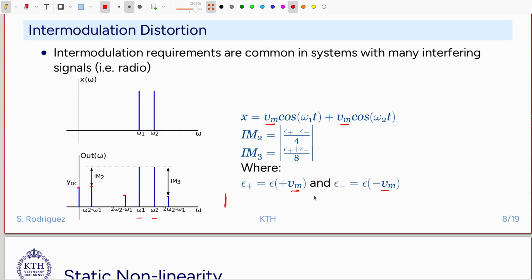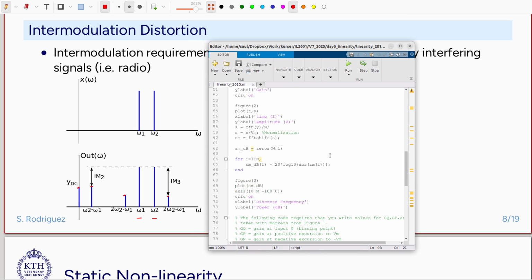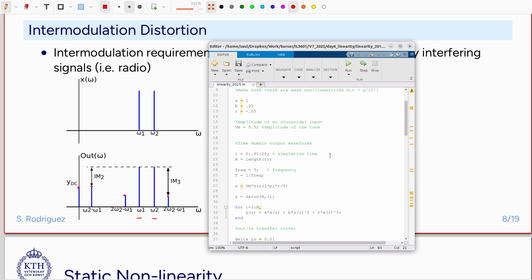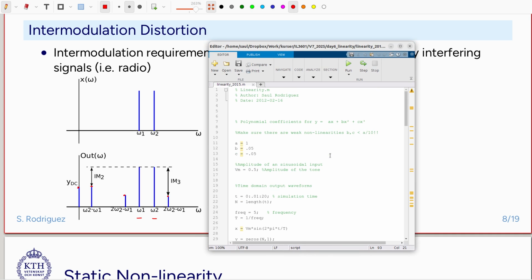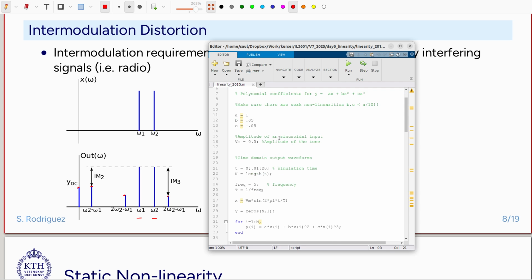Okay, so let's take a look at an example of how this works in practice. I have prepared a MATLAB script in which we have a polynomial. We have a gain of 1, and then second and third order coefficients for the polynomial, and then an amplitude.